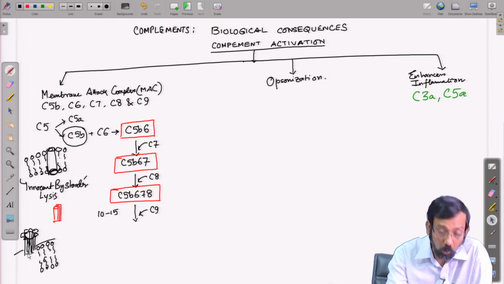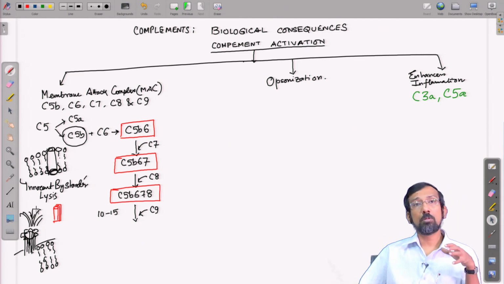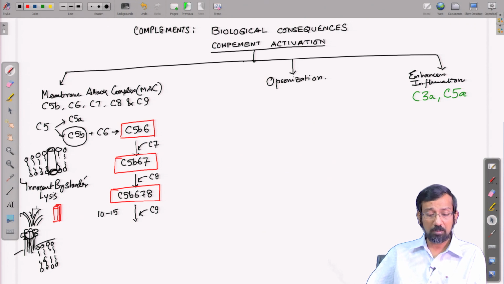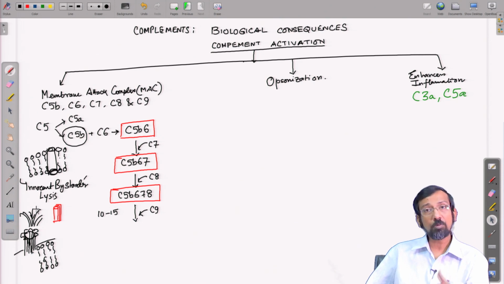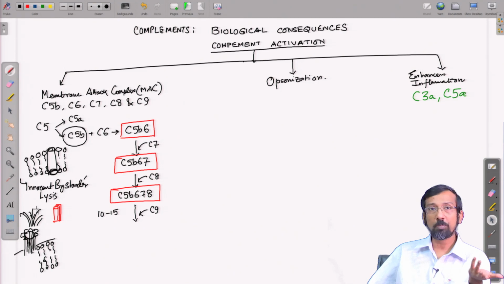So, there will be a hole or a pore formation on the cell membrane, leading to inrushing fluids, leading to disturbance in the tonicity. So, the cells will swell and finally die. So, they will burst and die.